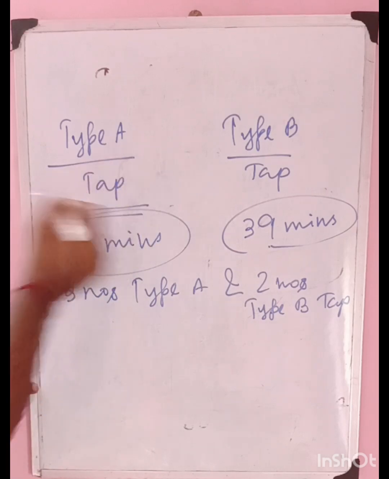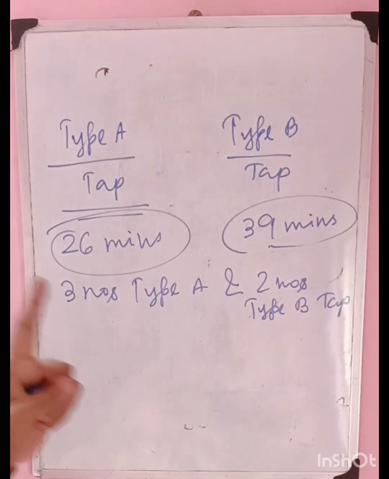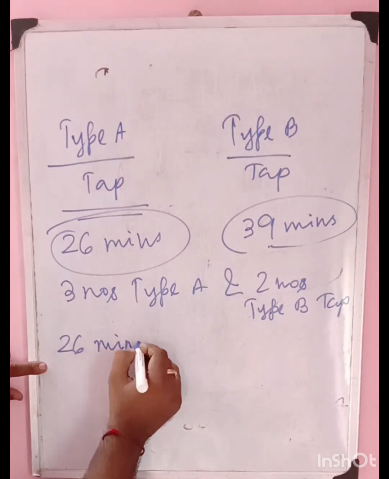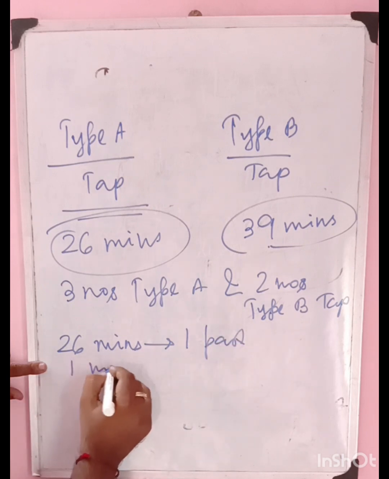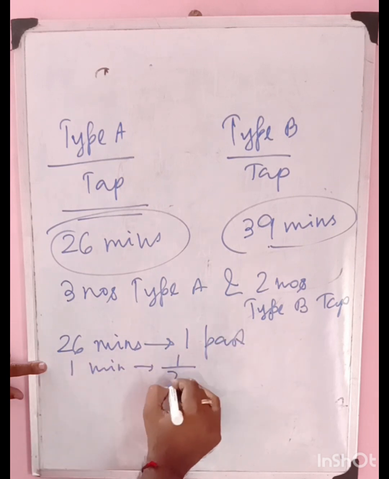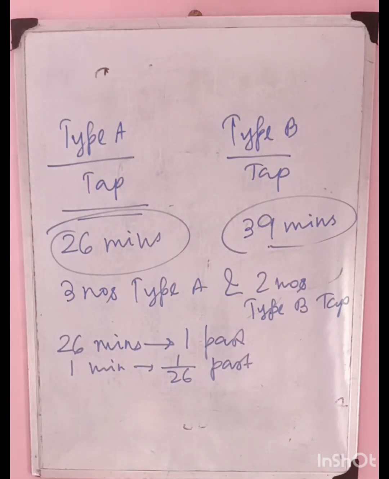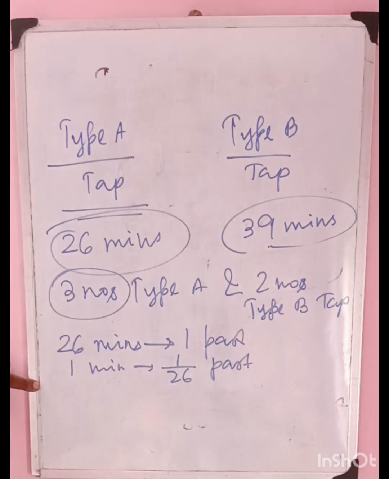For type A tap, it takes 26 minutes to fill one part. So 26 minutes for one part. In 1 minute, it will fill up 1 by 26 part. Okay. So type A tap, there are 3 numbers.